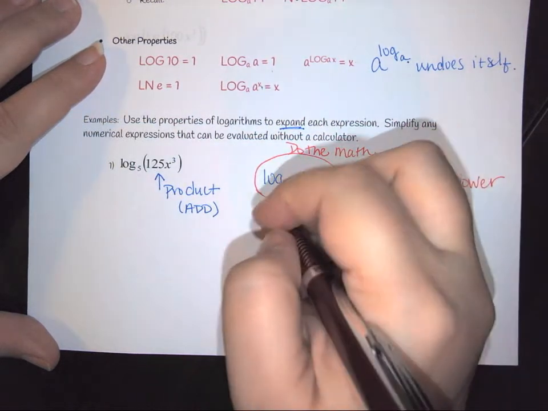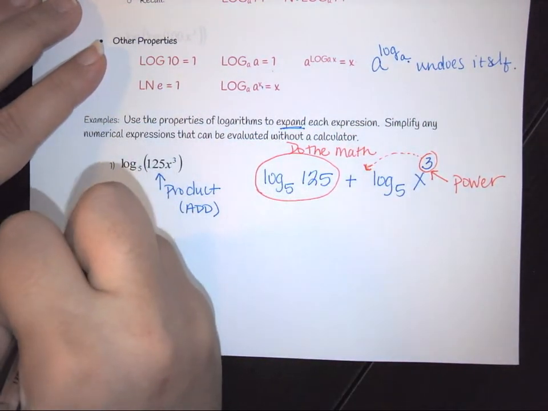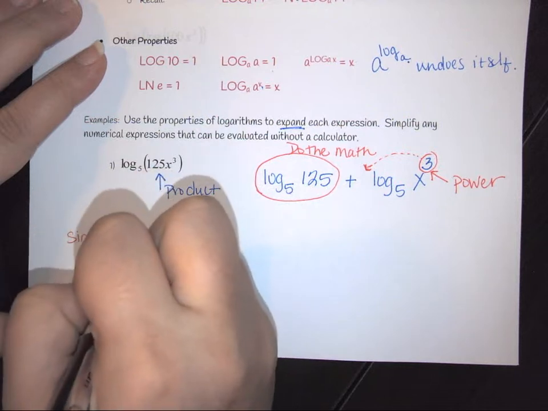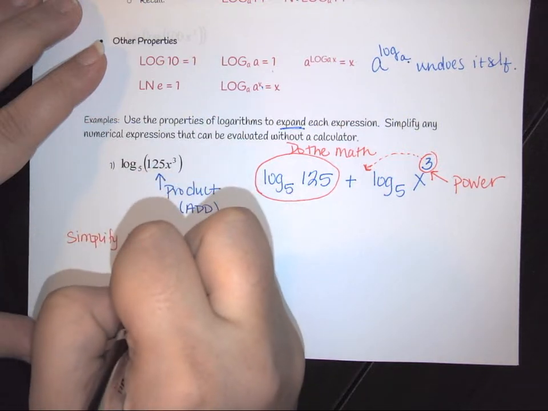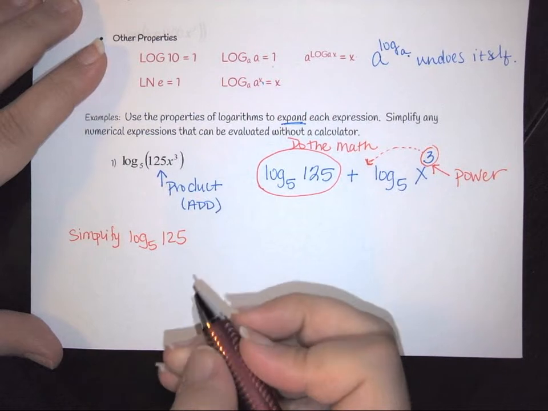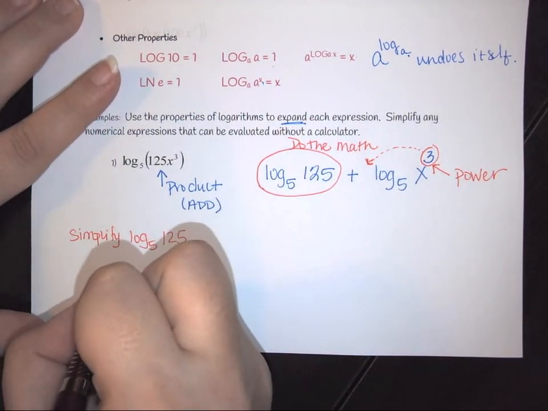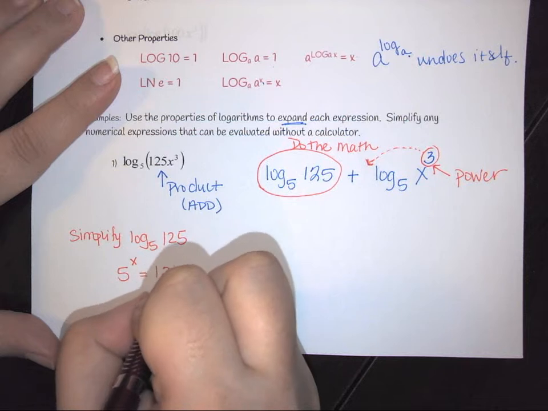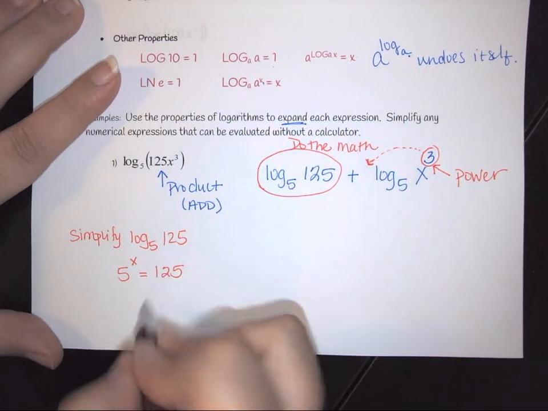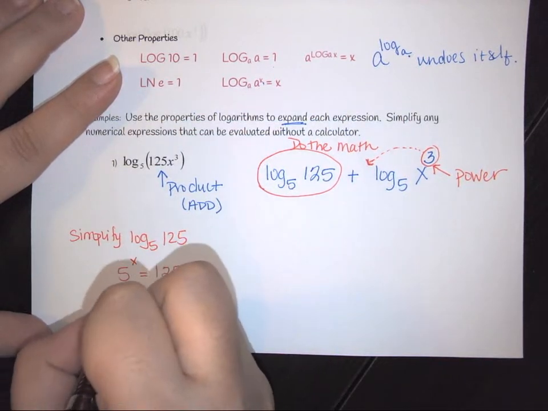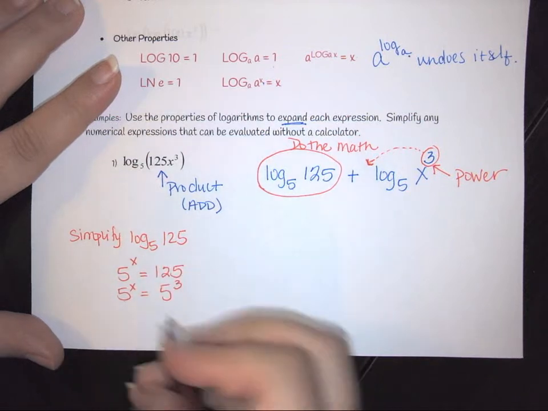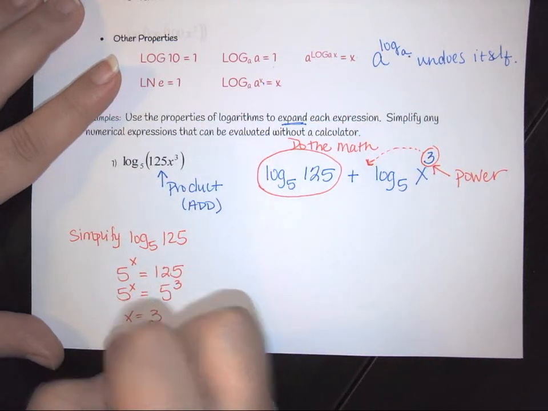So if we're looking at mini math, we are looking to simplify the log base 5 of 125. So we can simply rewrite that. That becomes 5 to the x equals 125. Change your bases. So 5 to the x is 5 cubed. Since my bases are the same, it means x equals 3.